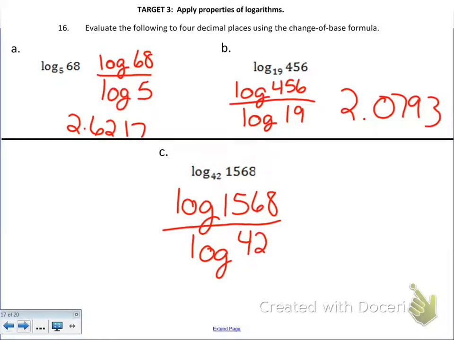So log of 1568 divided by the log of 42 gives us 1.968. Woo. I said 6. I did not write a 6. 9685. And that is your answer.